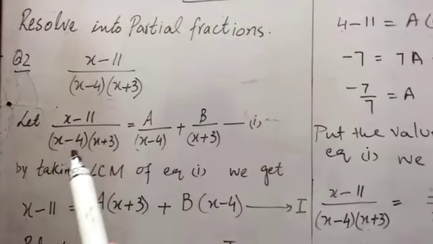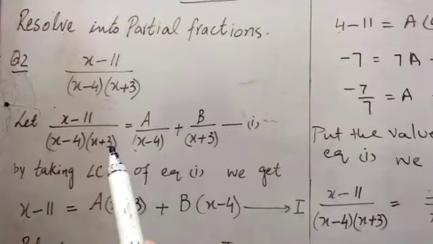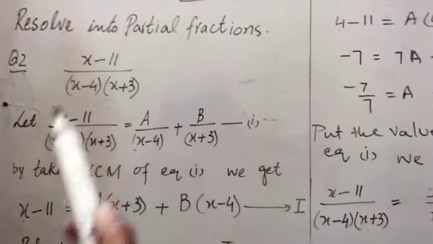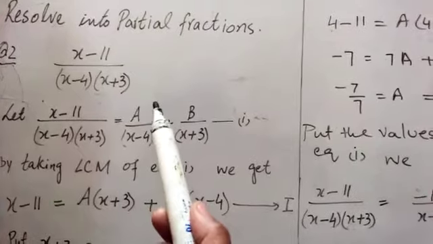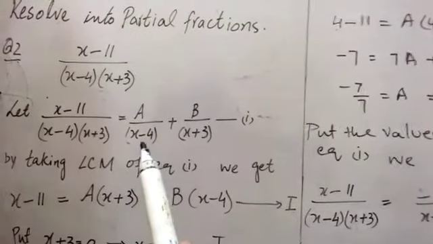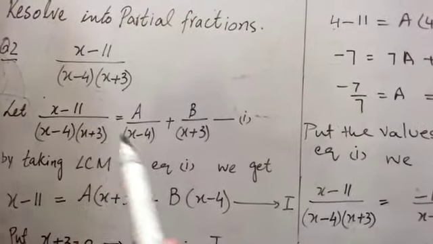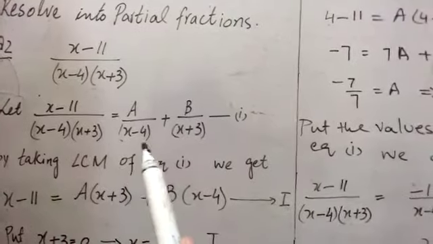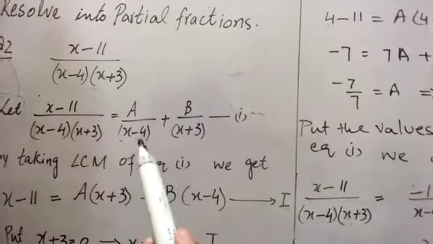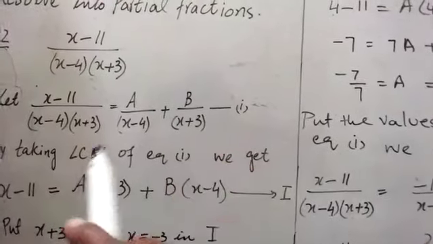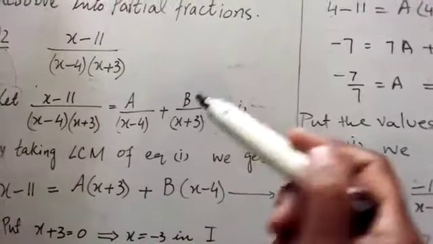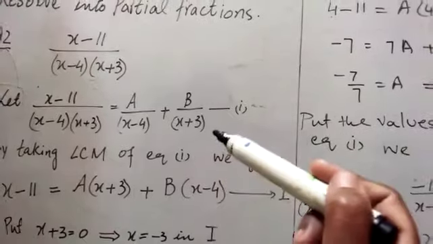(x minus 11) over (x minus 4) into (x plus 3) is the actual fraction, and we suppose that its first partial fraction will be A over its first factor of the denominator, x minus 4, plus the second factor with supposing numerator B over x plus 3.